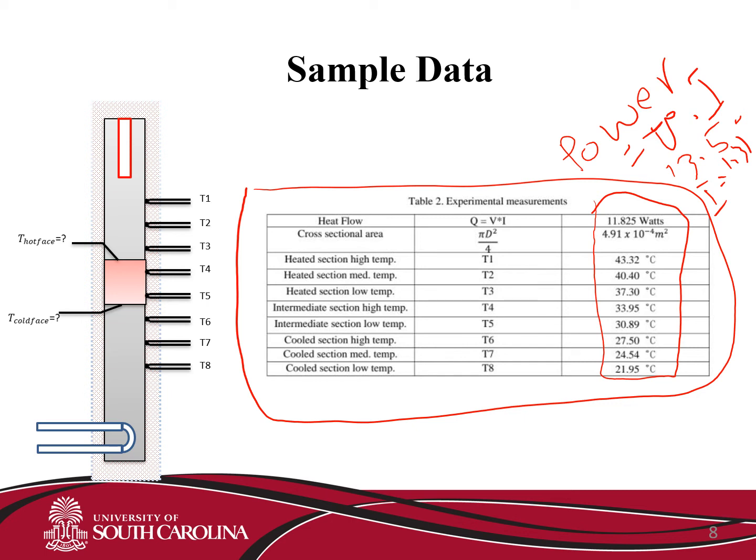Then the cross-sectional area, and heater section high temperature T1, heater section middle temperature T2, heater section low temperature T3, intermediate section temperature T4, intermediate section low temperature T5, and cold, and cooling section temperature T7, and then this is T8.